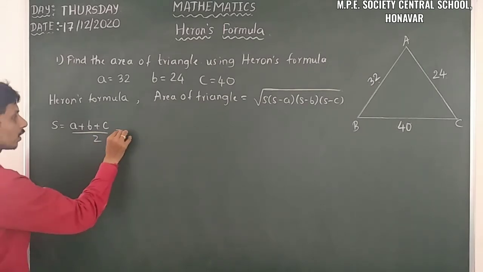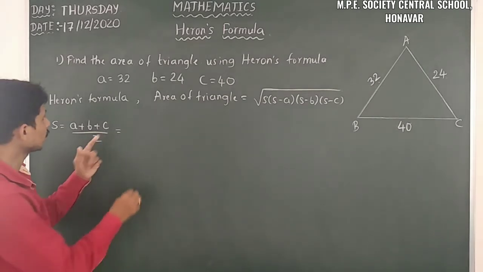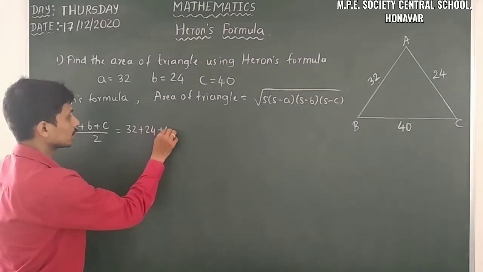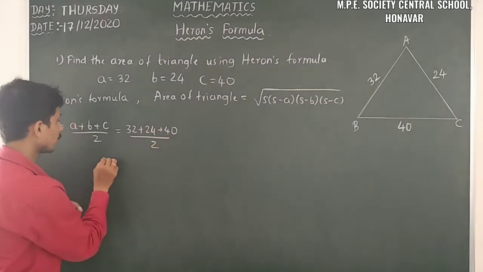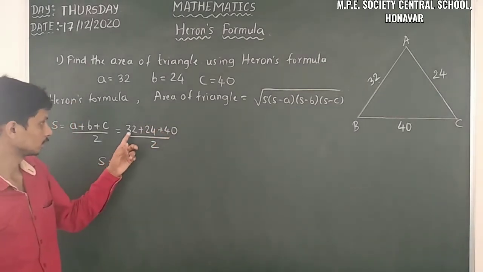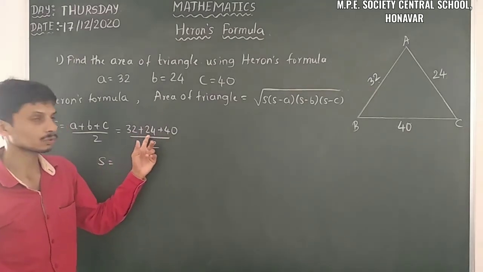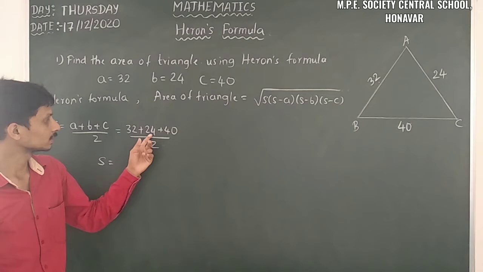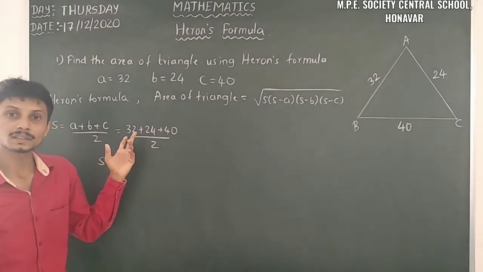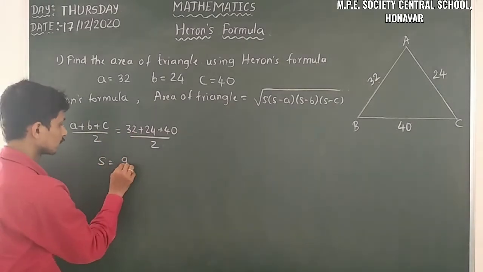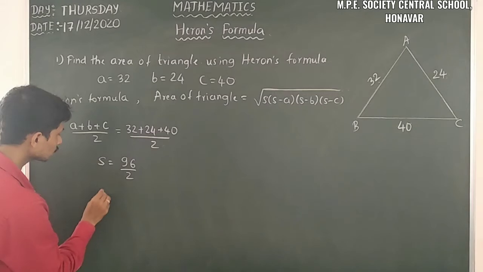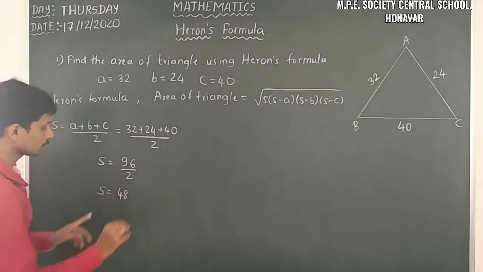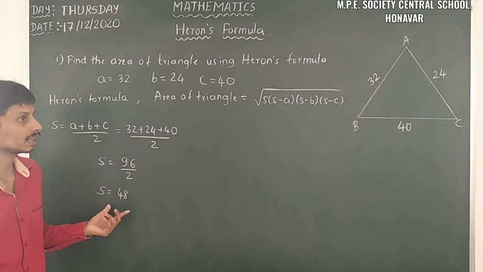So S is 32 plus 24 plus 40 divided by 2. 40 plus 24 is 64, plus 32 is 96. 96 divided by 2, so the value of S is equal to 48.